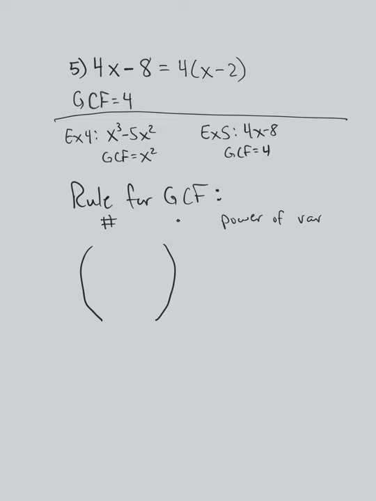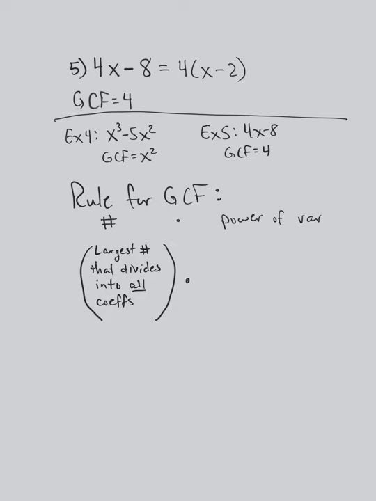So what we'll say here is that it's the largest number that divides into all the coefficients. Okay, and that "all" is important right there. We'll see some examples of what I'm getting at there.